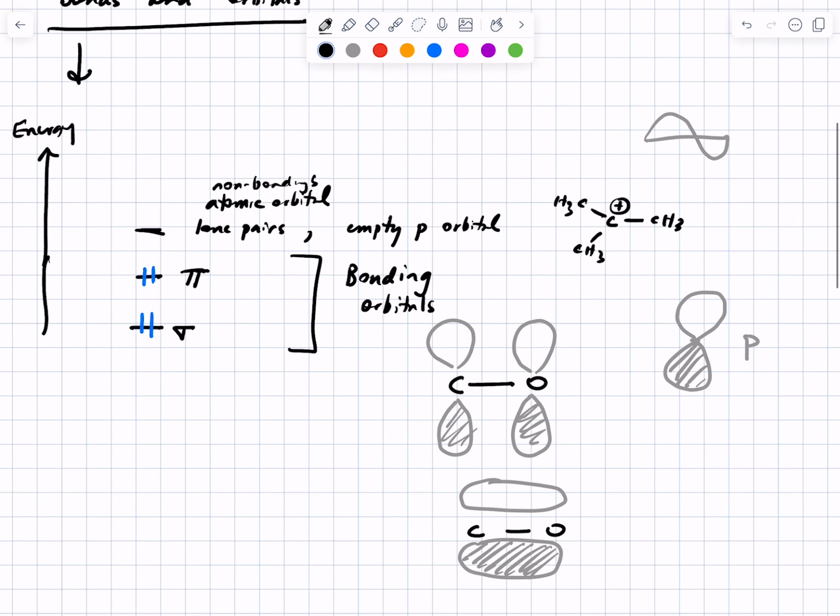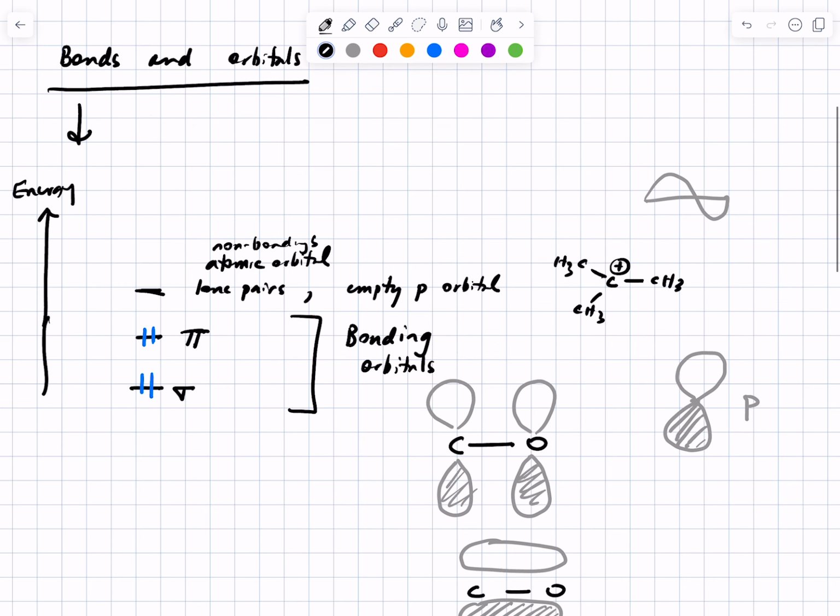The point is that for every bond that we have in an organic molecule, there is an empty antibonding orbital. We don't have a lot of time to say more than that, but you can look that up in the MO theory study guide. It turns out in general that the antibonding orbitals are ordered in energy exactly opposite of how the bonding orbitals are ordered in energy.